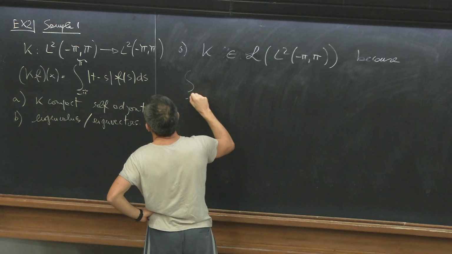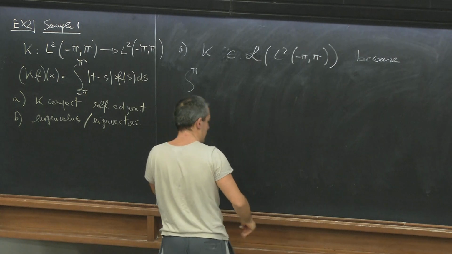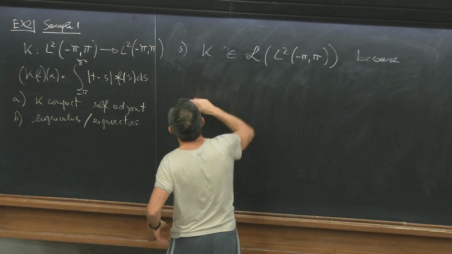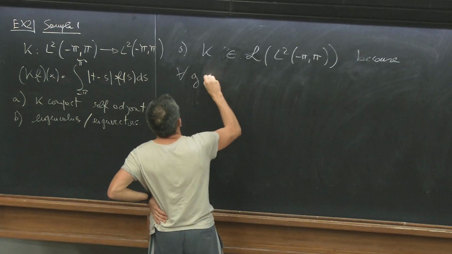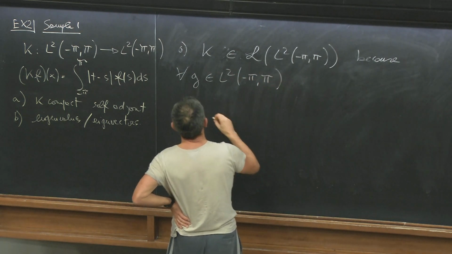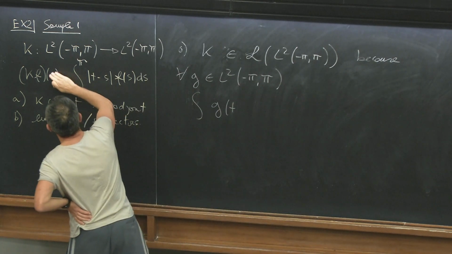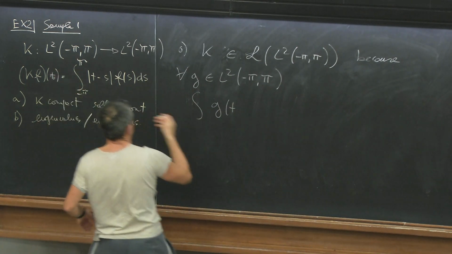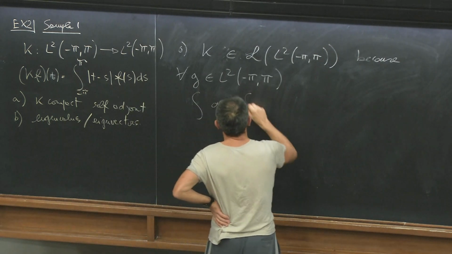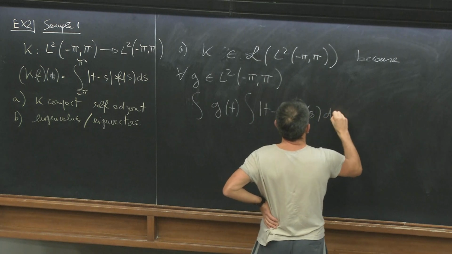Let's compute the L2 norm of this. For any g, take the integral from minus pi to pi of g(t) times Kf(t), which is the integral of (t minus s) f(s) ds dt.